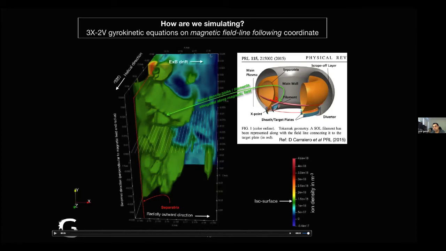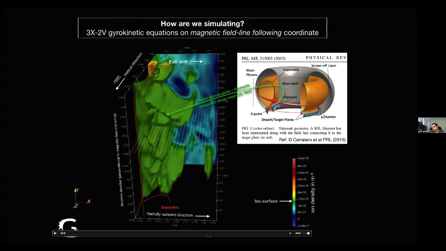This is technically called the edge or the scrape-off layer region. The filaments come out and they should travel in the radially outward direction. These are all plasma filaments, and they should travel radially outward and then come down, following the magnetic field line and hit the diverter region.